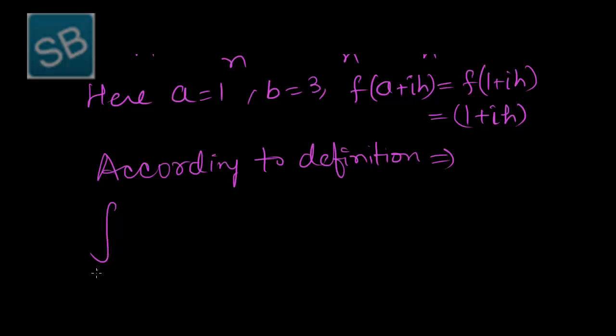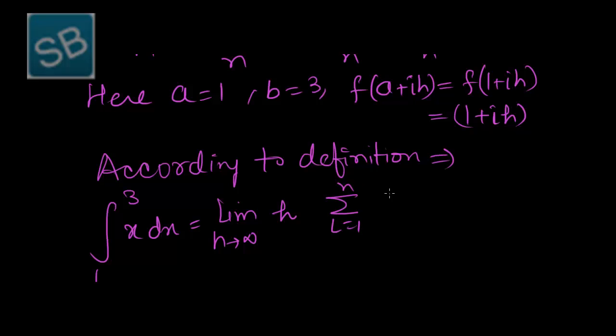the integral from a to b of f of x dx is equal to limit n tends to infinity of h times sigma i from 1 to n of f of 1 plus ih. Here we write h because (b minus a) over n is equal to h.